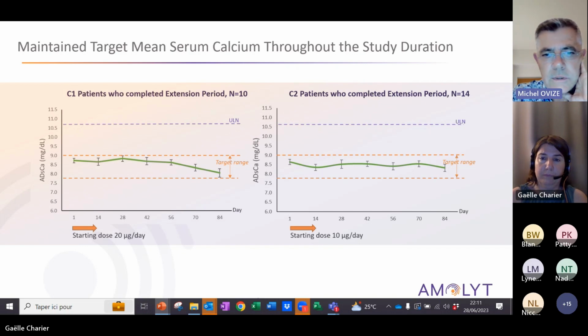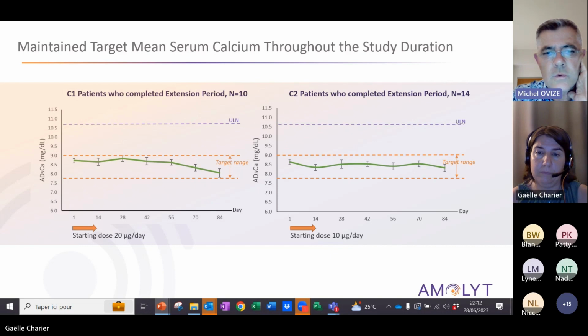in cohort 2. I must say that in cohort 1, we had a few patients, 3 patients, that were slightly below the lower limit of this target range, which was slightly improved in cohort 2, simply because the titration of the drug, eneboparatide, was more important in cohort 2.